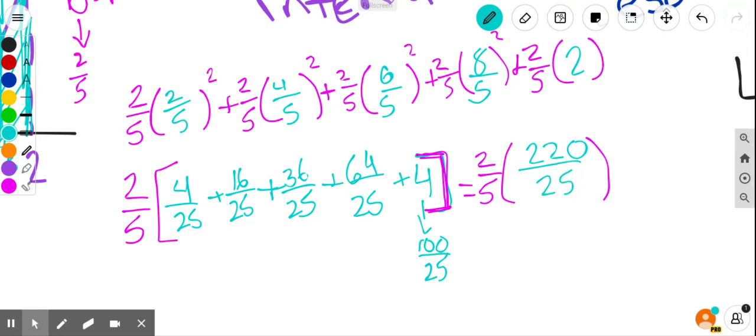I must have added wrong the previous problem. Oh well, we'll double check. So doing this gets me 440 over 125. These are all divisible by 5. So I got 25 over, let's see, 88.